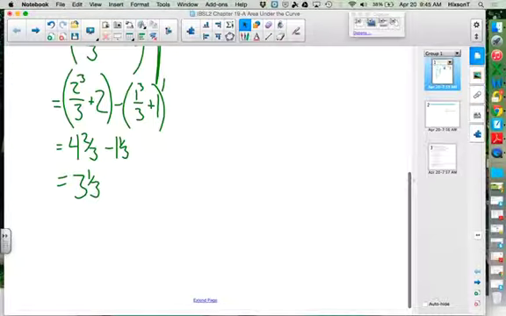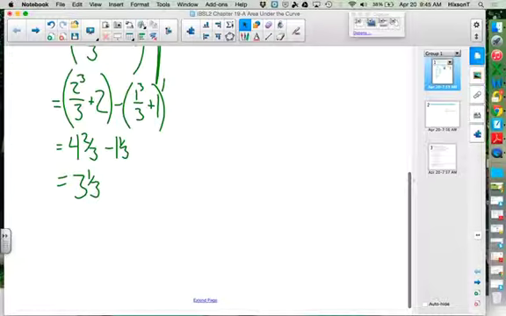So that's not too tough, as long as we remember our integration rules. Now, the only time when these can get a little bit tricky is when we're asked to find an area, but they don't specifically define what our interval ought to be.